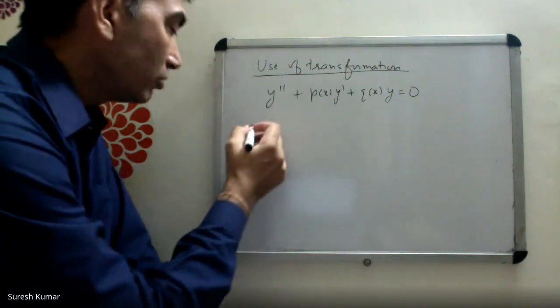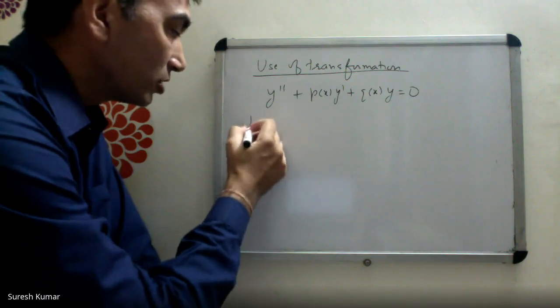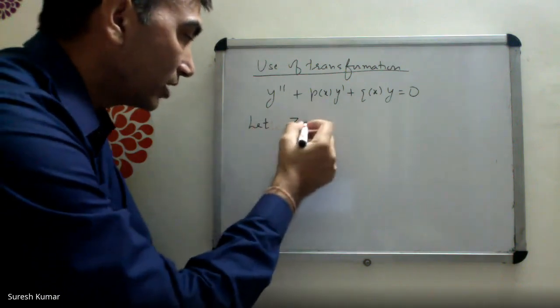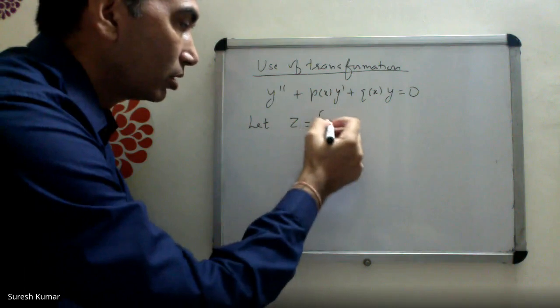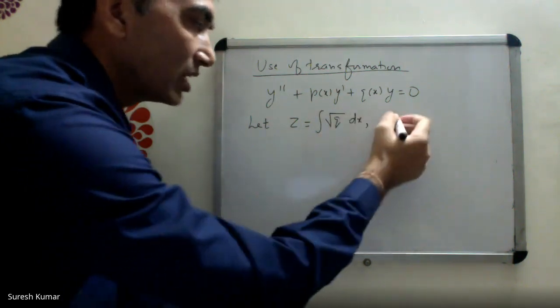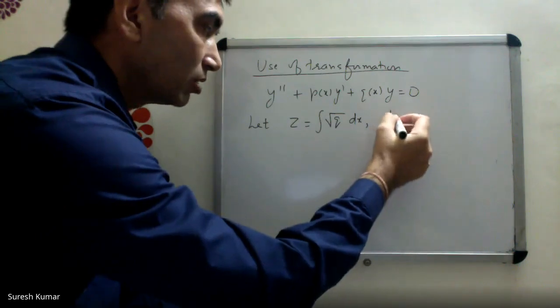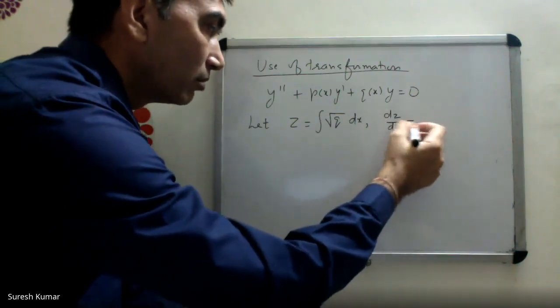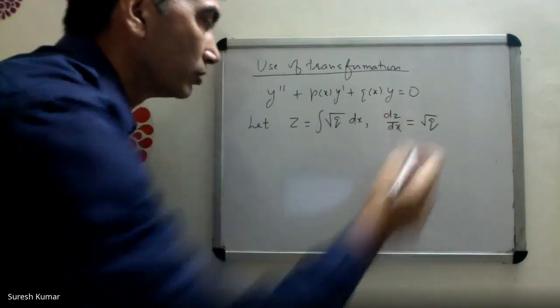So let's see what happens under this particular transformation. z equal to integral of square root q dx, or you can say dz over dx, or z prime, equal to root q. Both are the same.